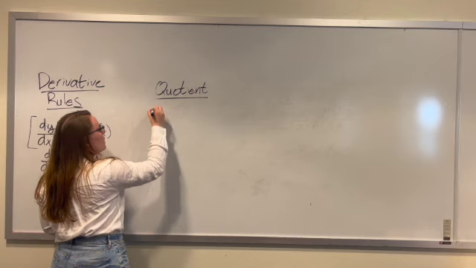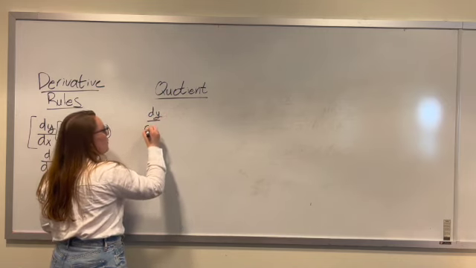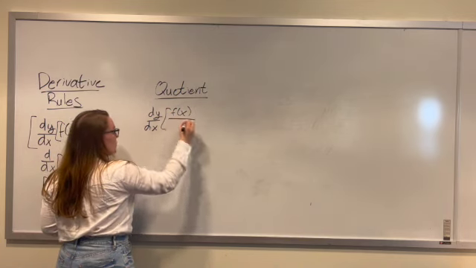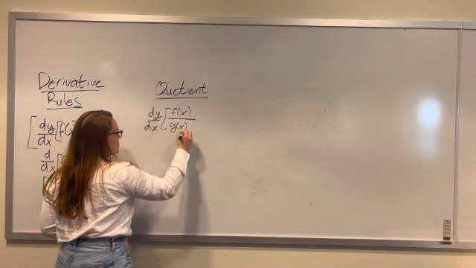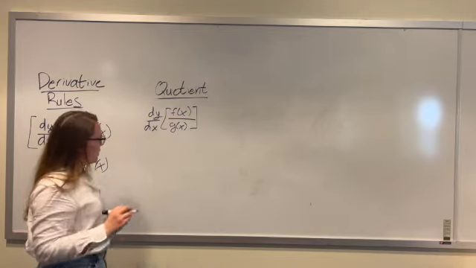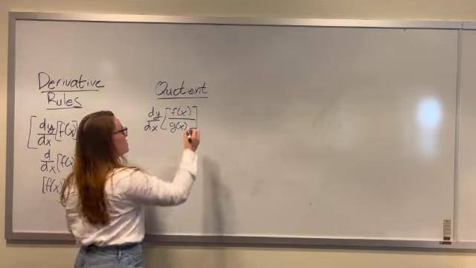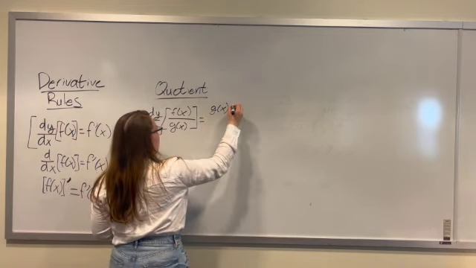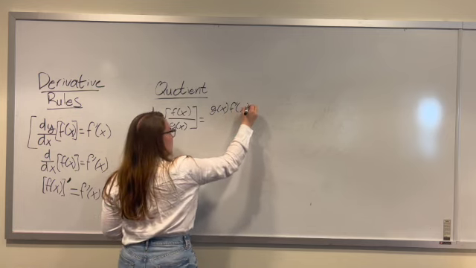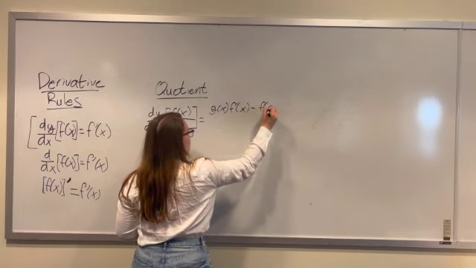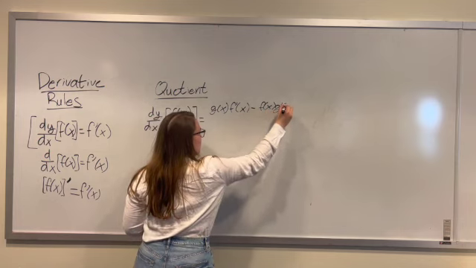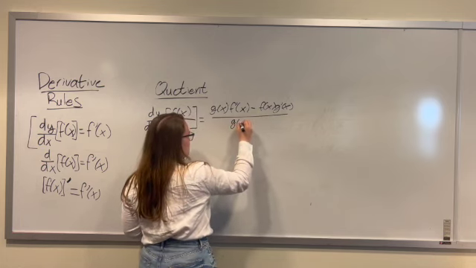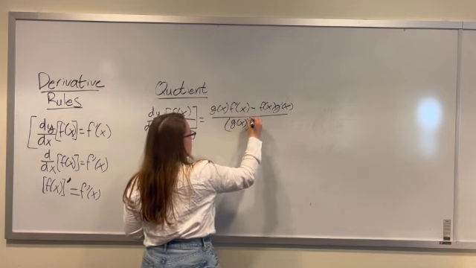It says that we take the derivative of some function f of x divided by another function g of x is equal to, here I have another handy dandy little saying to remember it: low d high minus high d low, all over low low, g of x squared.